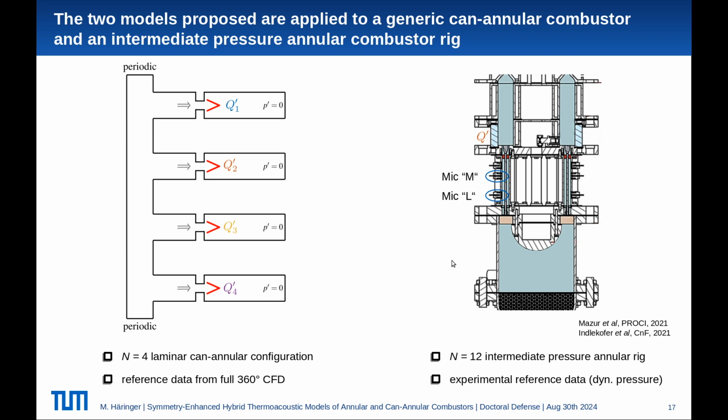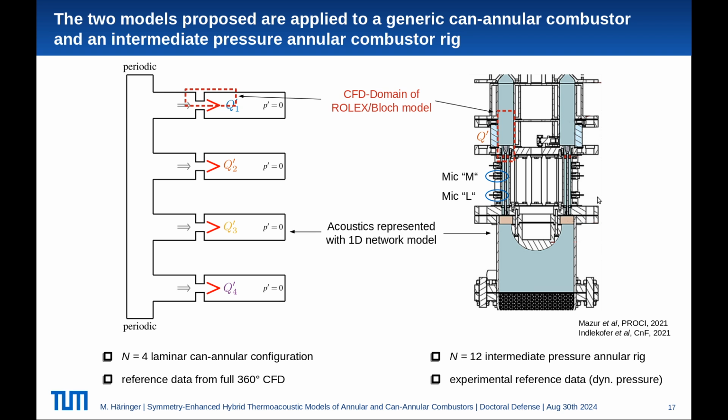Secondly, we consider an n equals 12 intermediate pressure annular rig from NTNU, and there we have experimental reference data, basically the dynamic pressure measured at these microphone positions. In both validation cases, the CFD domain of our hybrid models is limited to one single burner flame zone, and the acoustics are represented by a 1D network model, so a very simple setup.